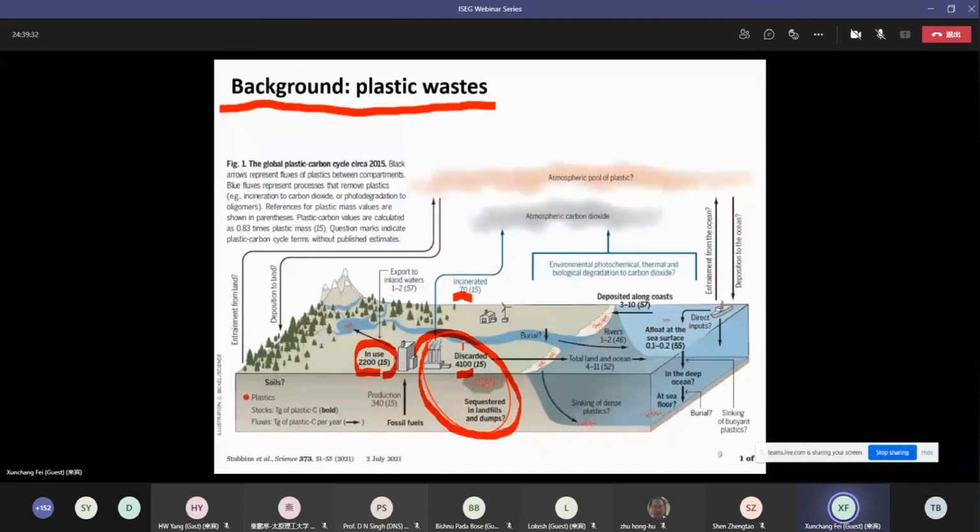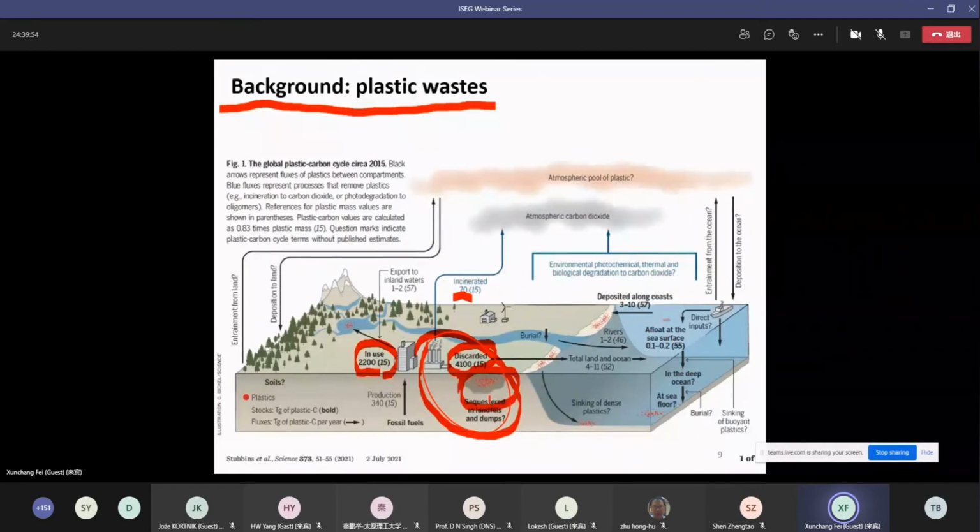It's this number here, 4,000 million tons. So the predominant amount of the plastic products that are generated are discarded and become waste, and they are primarily stored in landfills and dump sites, as indicated here.